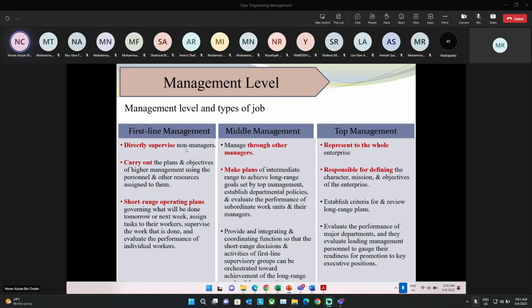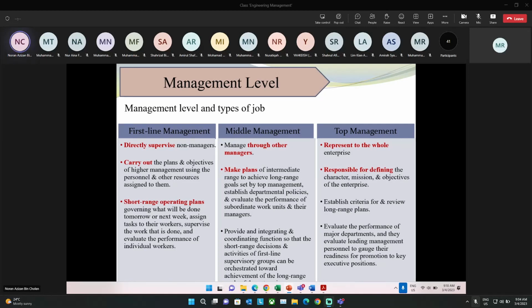As I explained previously, in the line there are many technicians, so the supervisor or the engineer will manage the technicians.